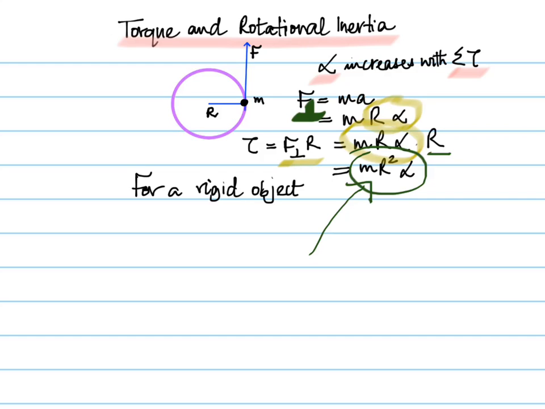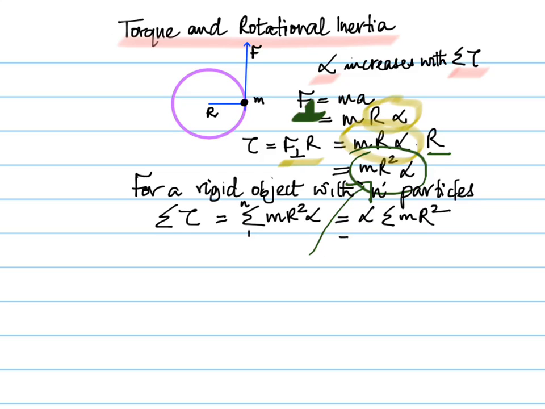Just take the summation of all the rotational inertias of each particle. So for a rigid object, let's say it has n particles, just take the summation. So sigma tau, which is the total torque, is that. Alpha is constant, taken out, and the summation of m r squared is called I. So now I have got you the formula.